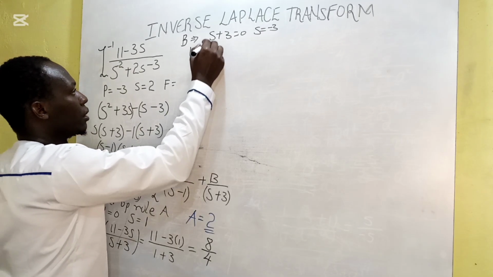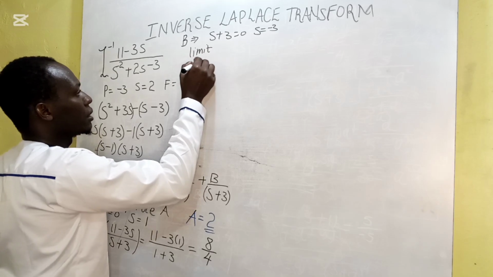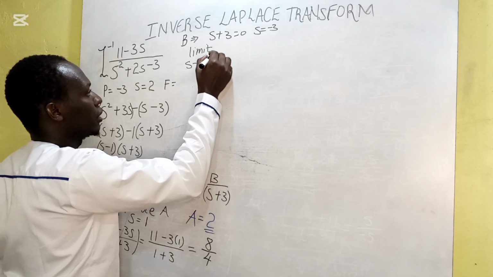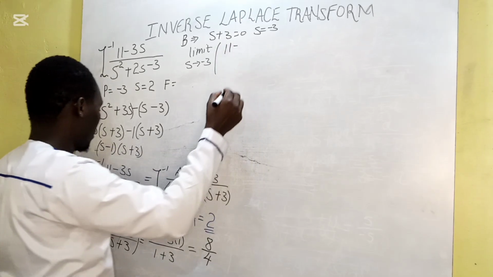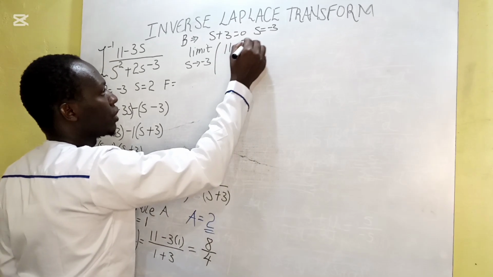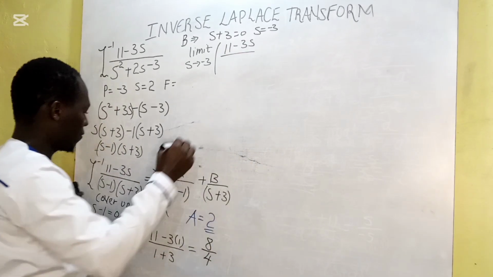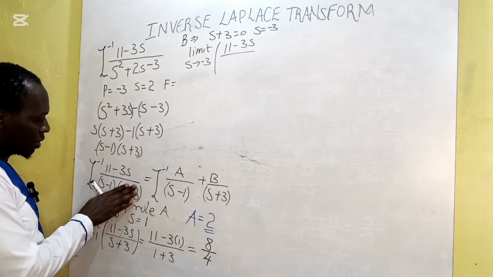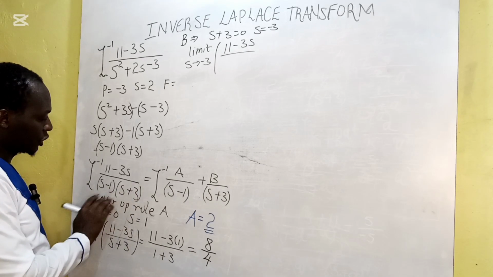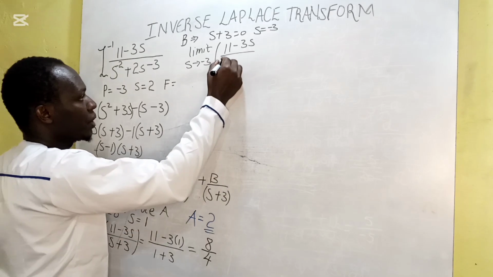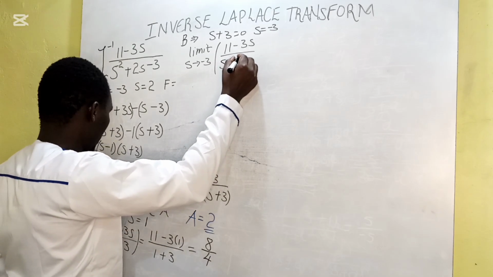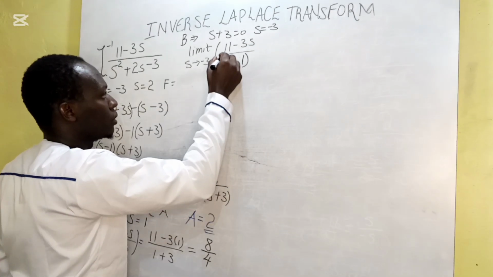Limit as s approaches negative 3 of 11 minus 3s all over, we cover up our first function here, s plus 3, and we are going to have s minus 1.